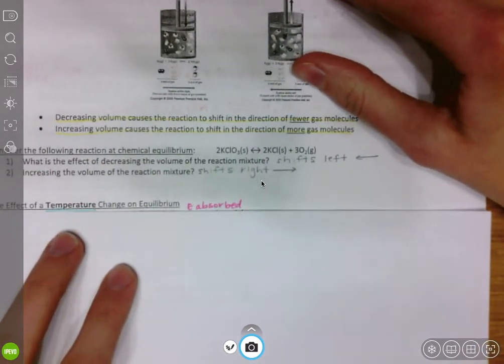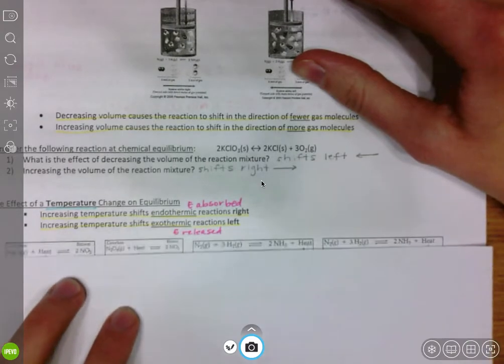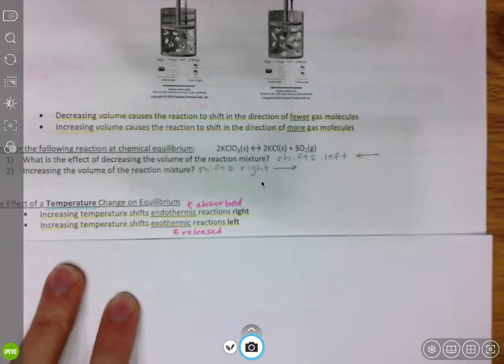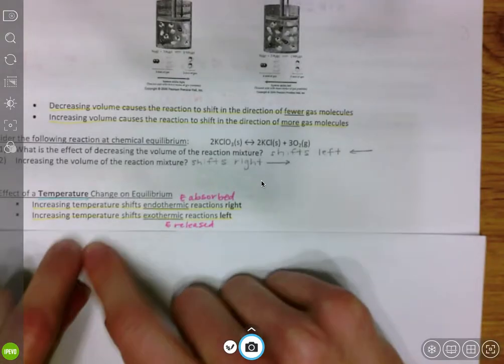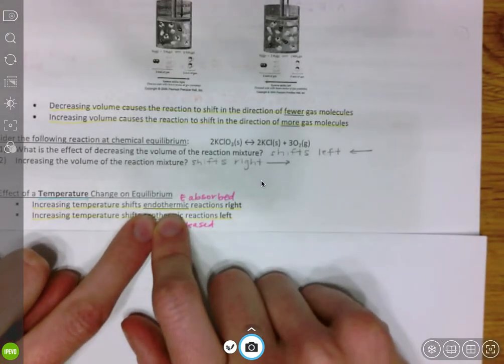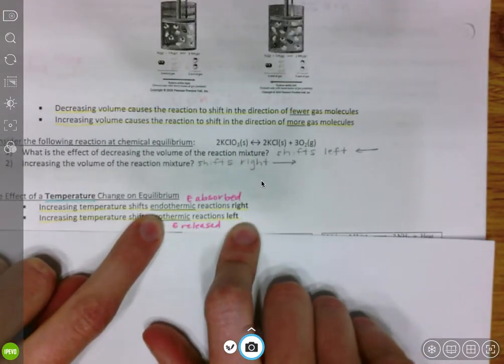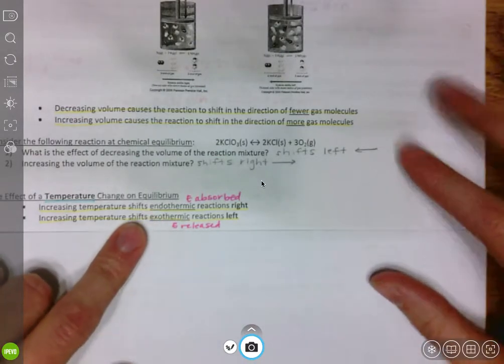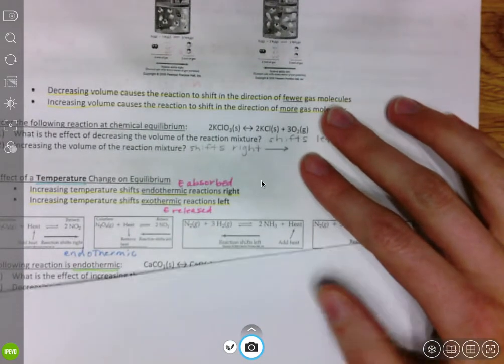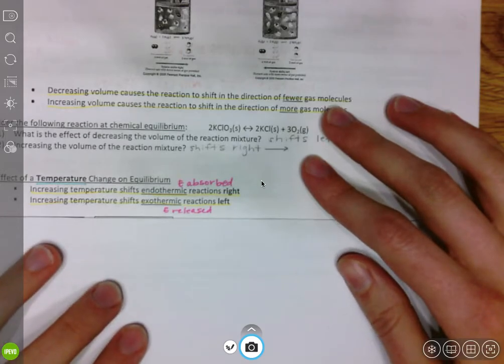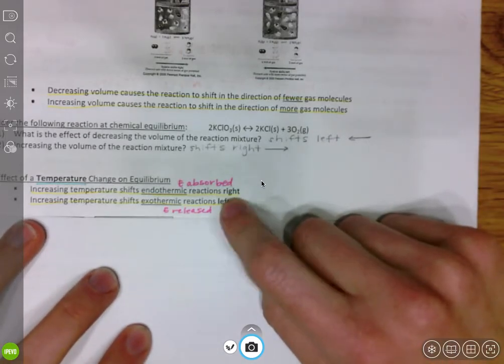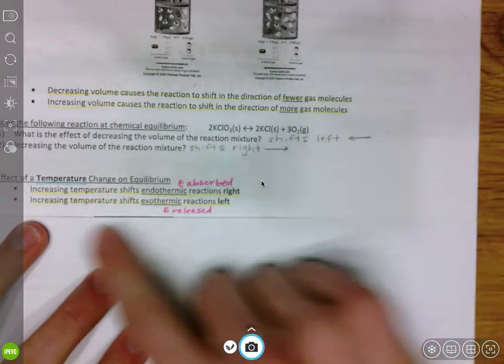All right, the effect of temperature change on equilibrium. So we're looking at two different reactions. Increasing temperature is going to shift endothermic reactions to the right. Endothermic means that we're putting in energy. Energy is being absorbed, which means we get to use up that energy to make products.